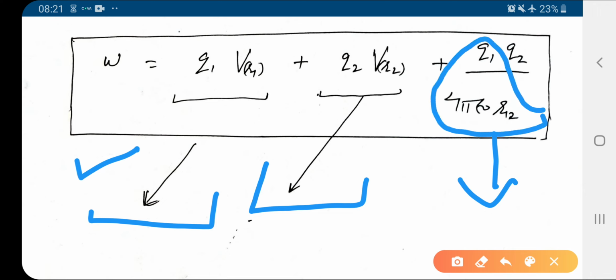This whole is potential. Q1 over 4πε0 r12 is the potential of charge Q1 at point B. So this is a very important article, you must learn this.